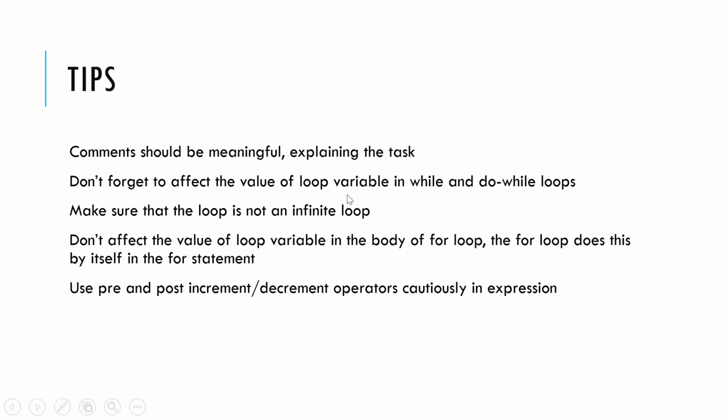You have to do it inside the process, otherwise it will become an infinite loop. So make sure that the loop is not infinite. Don't affect the value of the loop variable in the body of a for loop, because the for loop does this by itself in the for statement; the third argument handles this kind of work for you.